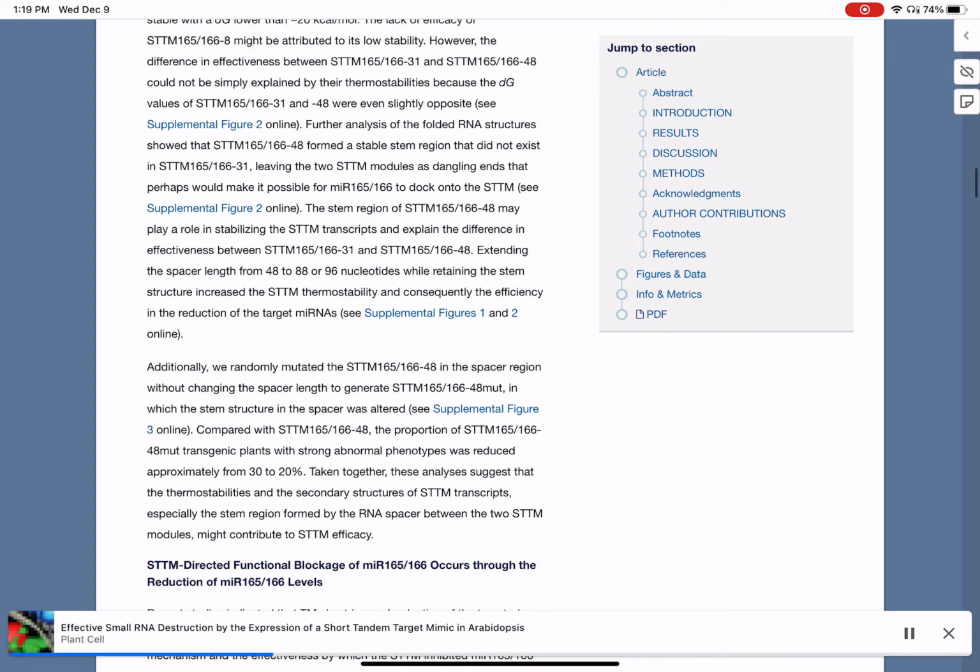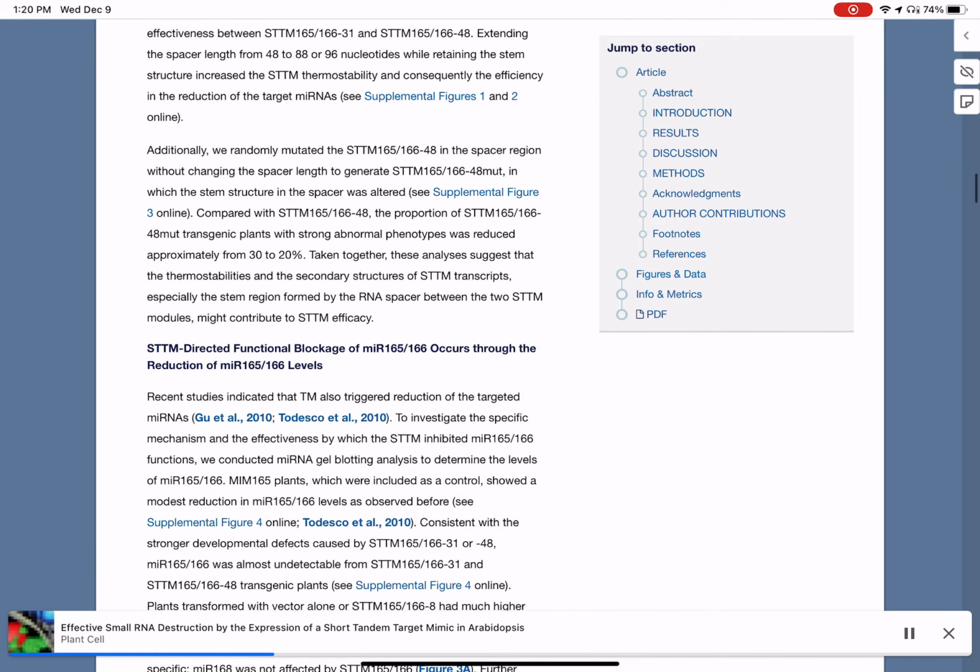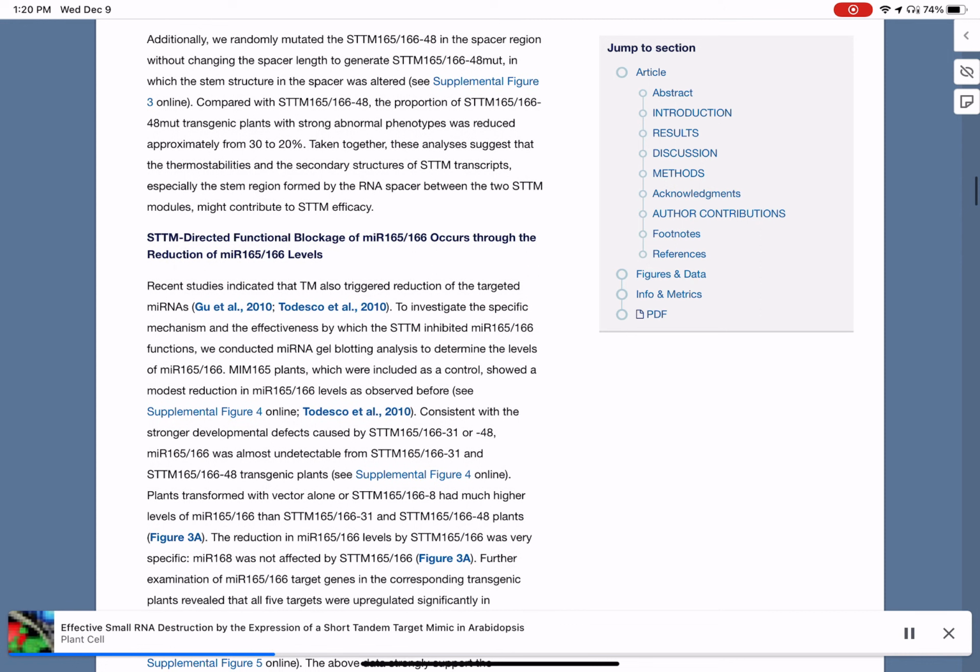Additionally, we randomly mutated the STTM-165-166-48 in the spacer region without changing the spacer length to generate STTM-165-166-48 MUT, in which the stem structure in the spacer was altered. See supplemental figure 3 online.